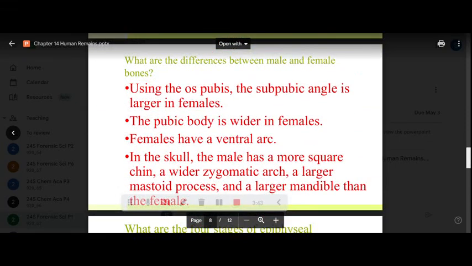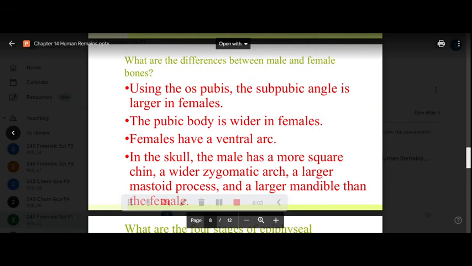And then what are the differences between male and female bones? So remember, using the os pubis, the subpubic angle is larger in females, okay? If you remember the angle, it's basically the round, circular part.